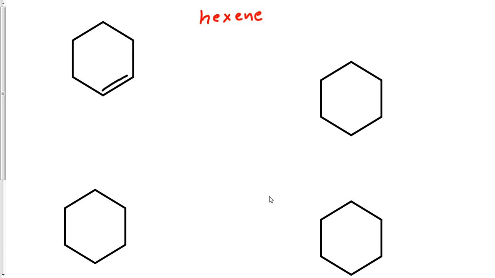And like normal, you need to say where it's at. A lot of people get confused on this. Where do you start number one? Well, I'll give you a hint. Number one needs to be with the bond. In other words, it doesn't matter where you put it, but it needs to be with this bond. And now, here'd be the question. Are we going to go clockwise or counterclockwise? Well, if I make that number one, I'm going to go counterclockwise because I want the double bond to be at the beginning of this. 1, 2, 3, 4, 5, 6.